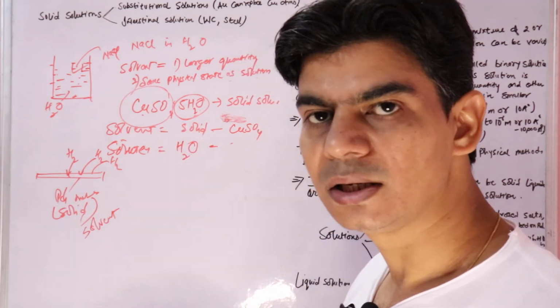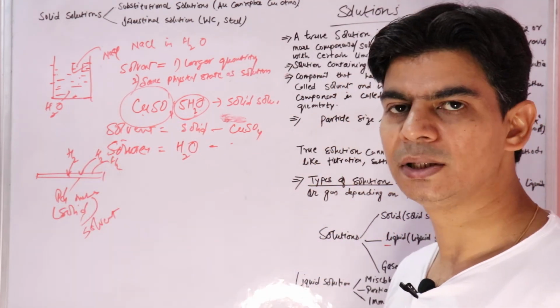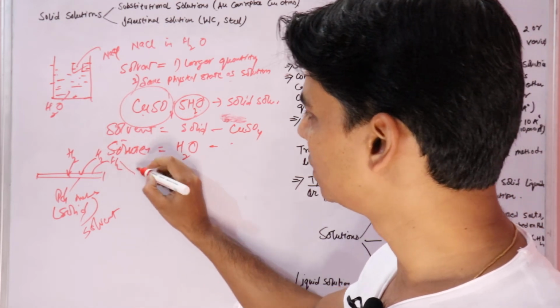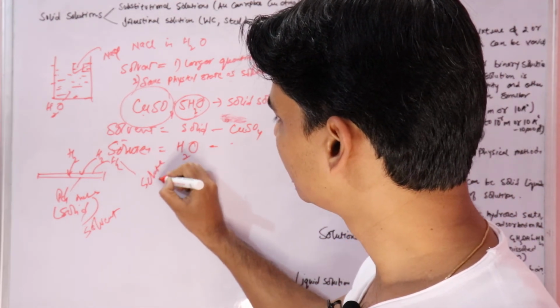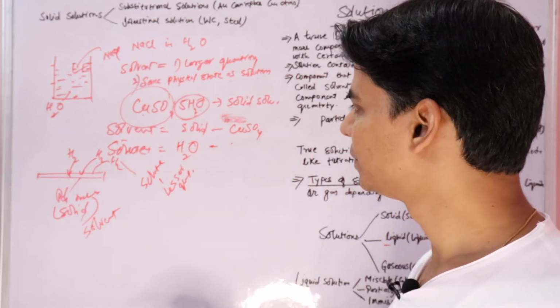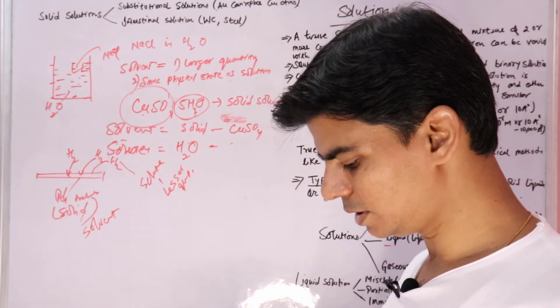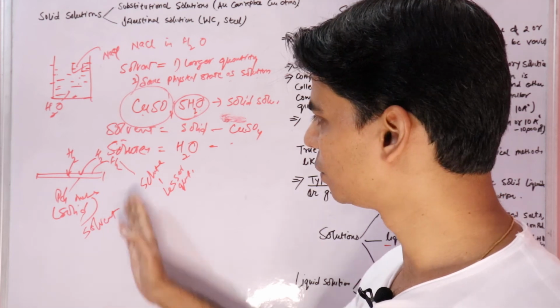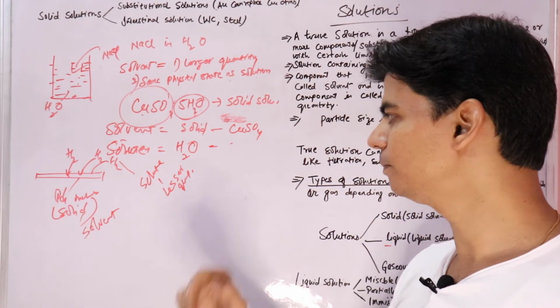And the one that is in lesser quantity, which is hydrogen, is a solute. It is in lesser quantity and in a different physical state compared to this solid solution. So this is a solute.